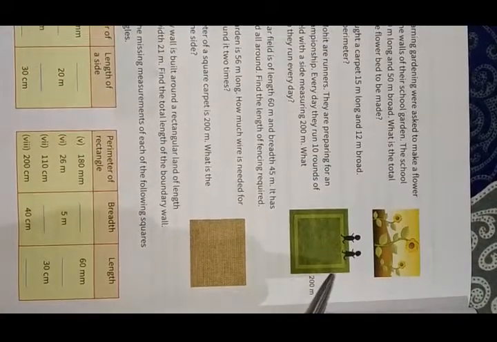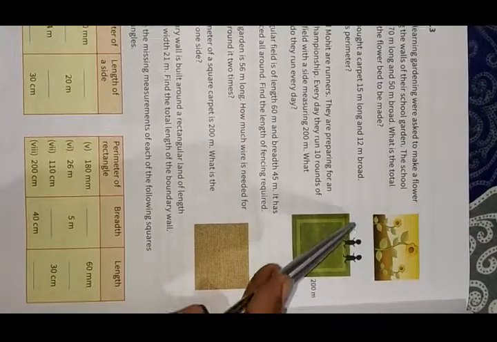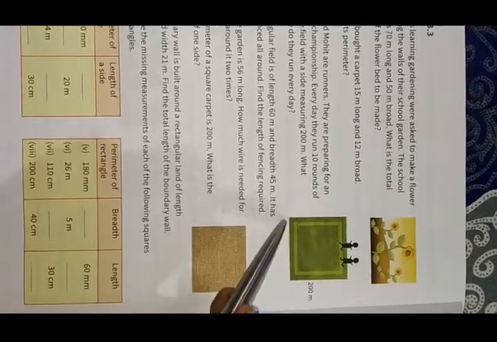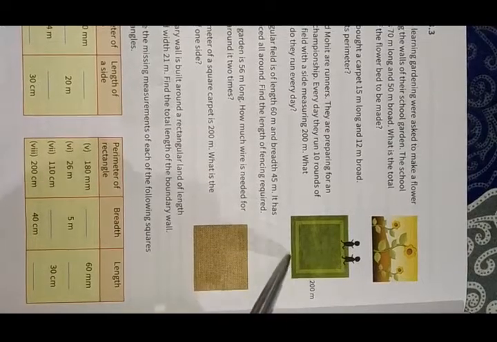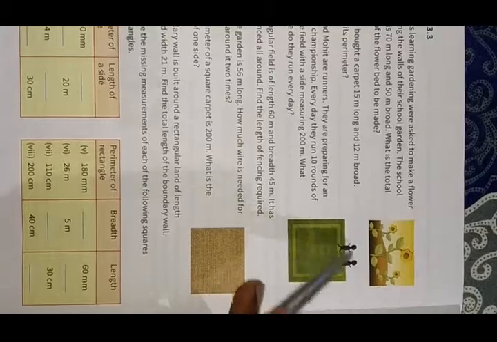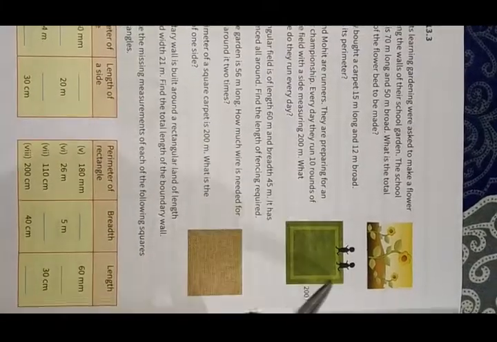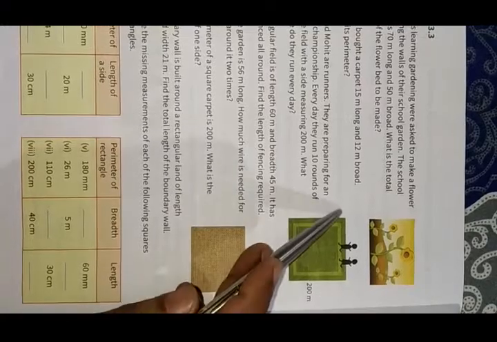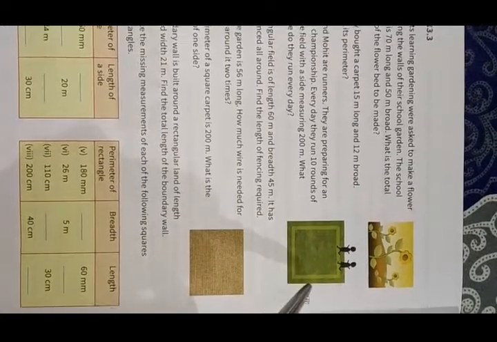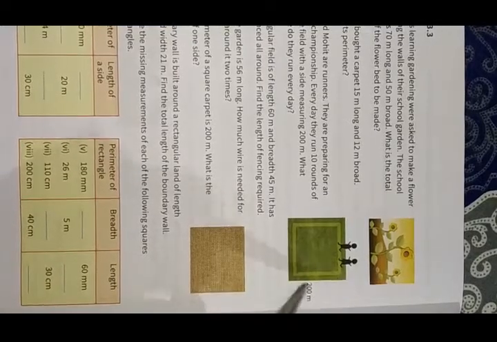When they run around the square garden, what do they cover? They cover its boundary, means its perimeter. In one round they cover its perimeter 1 time, and in 10 rounds they cover its perimeter 10 times. So first we have to find the perimeter of this square, then we will multiply it by 10.